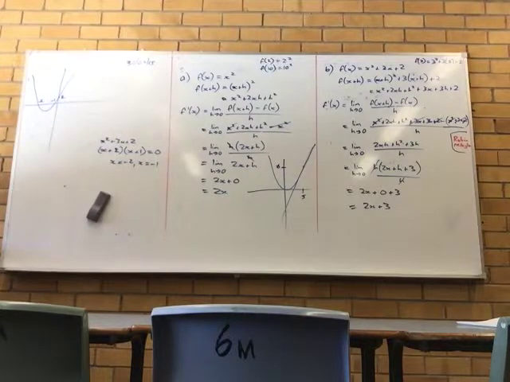So, for any x value I pick, because it's a function, it means all x values do exist. If I substitute that x value into the equation, 2x plus 3, that will give me the gradient of the tangent at that point.